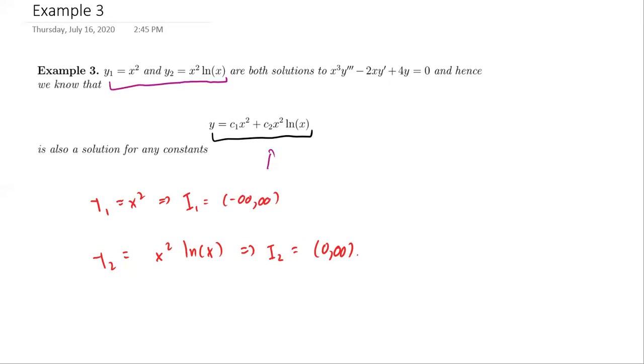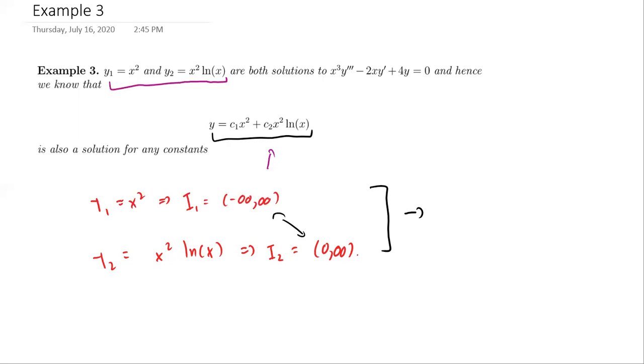Now, any linear combination of these two functions is going to be a solution on an interval of definition that works for both of them. So what's the largest interval of definition that works for both y1 and y2? Well, we can take the smaller of these, right? Because 0 to infinity is contained in negative infinity to infinity.